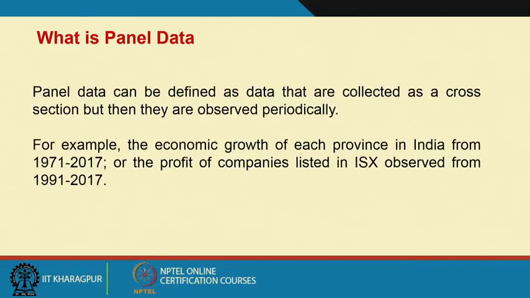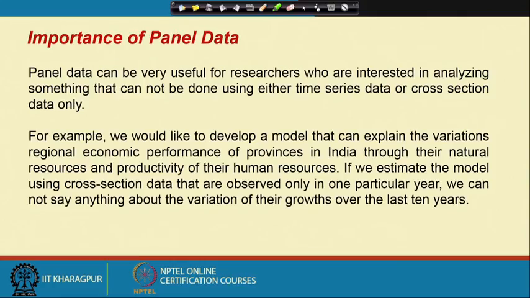For example, the economic growth of each part of India from 1971 to 2017, or the profit of various companies listed in the stock market from 1991 to 2017. This is a classic example through which you can check the panel data structure, or the individual impact of a particular country, or the individual impact of a particular time period.